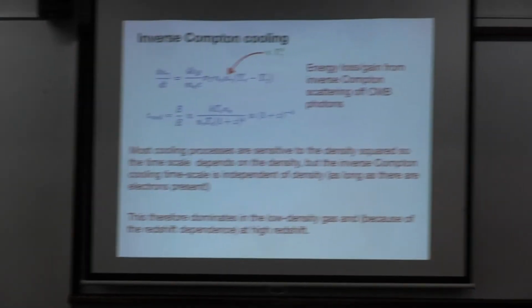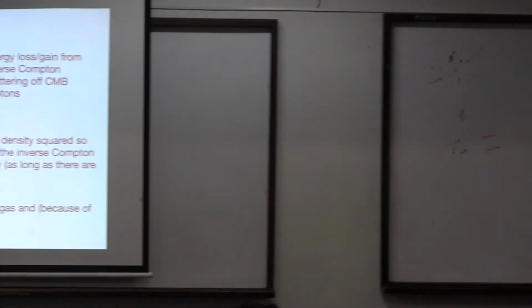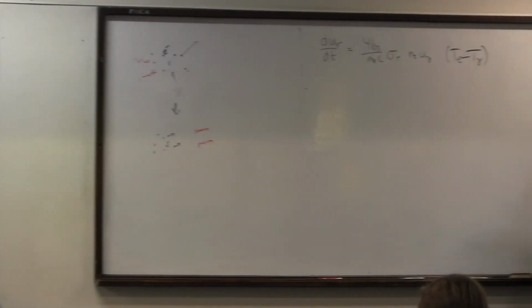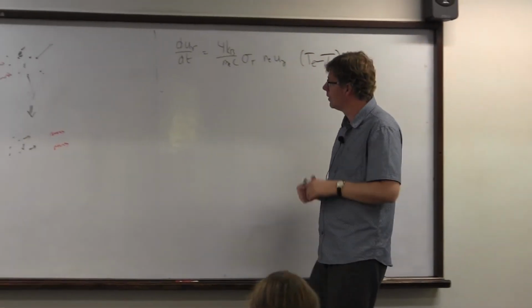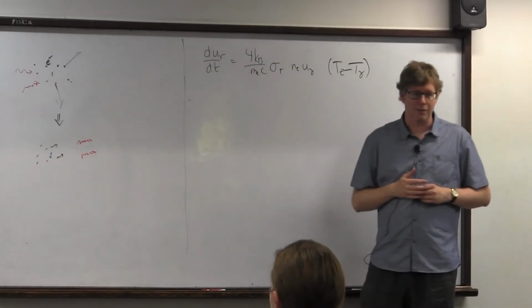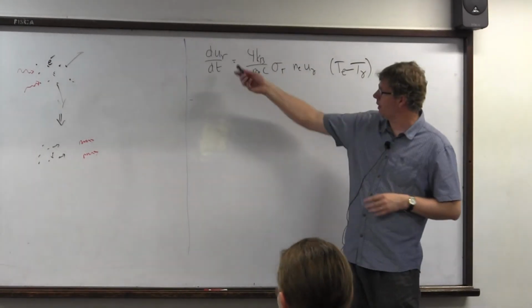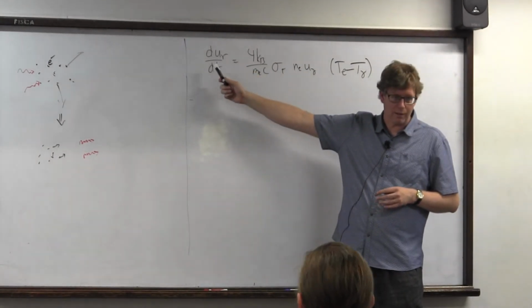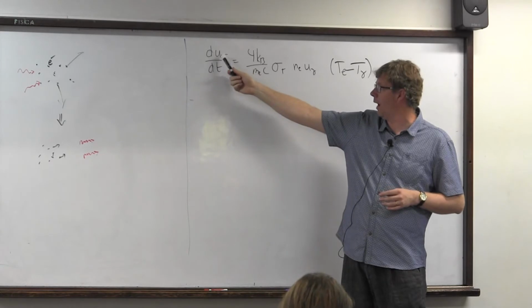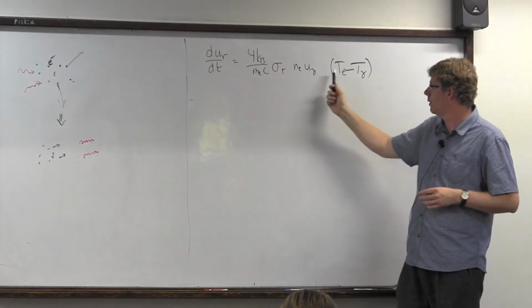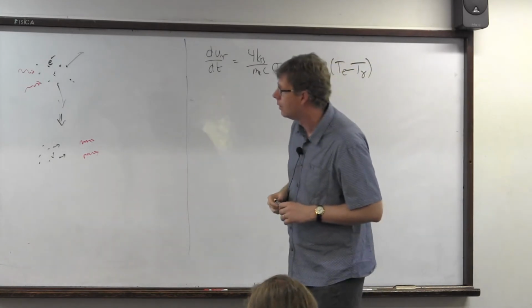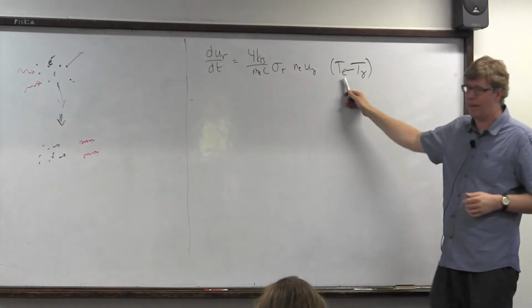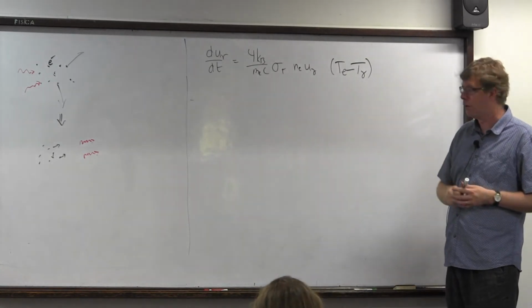Okay. So it is derived. It comes from Kompaneets's equation. If you want to actually derive it, it's not a particularly pleasant derivation, and it doesn't tell you anything interesting. And this tells you how the energy in photons changes depending on the temperature of the electrons and the temperature of the photons.